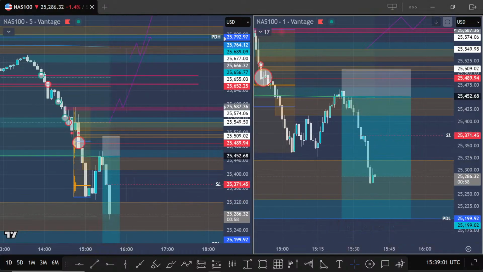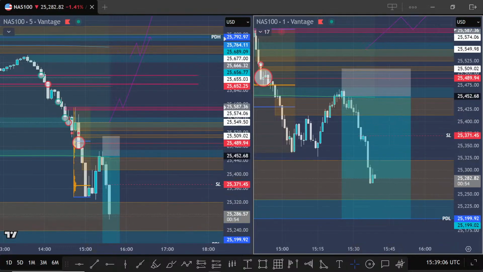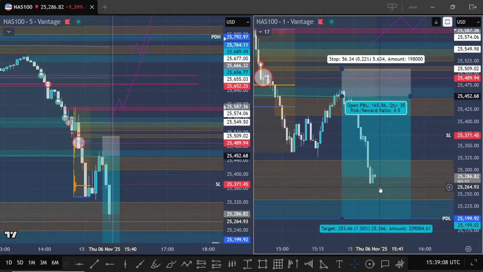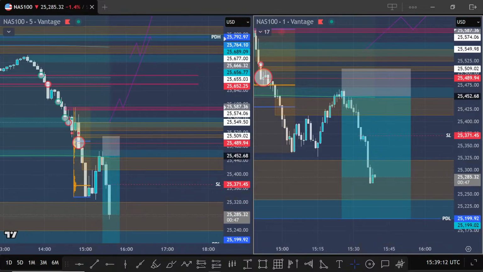No more big trades. As soon as we break this low, I'm moving my stop loss in really tight because I want to lock in the profit. I want to see this low broken, and then my stop will be in this wick here.